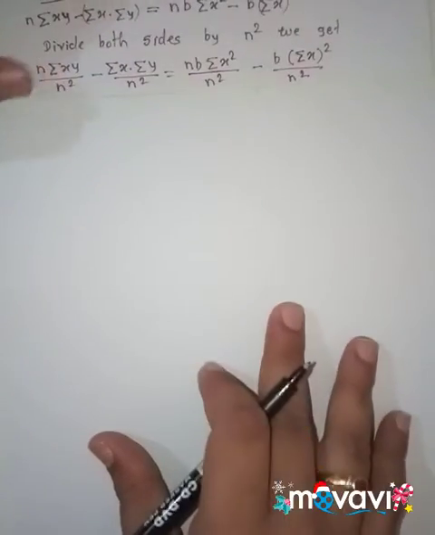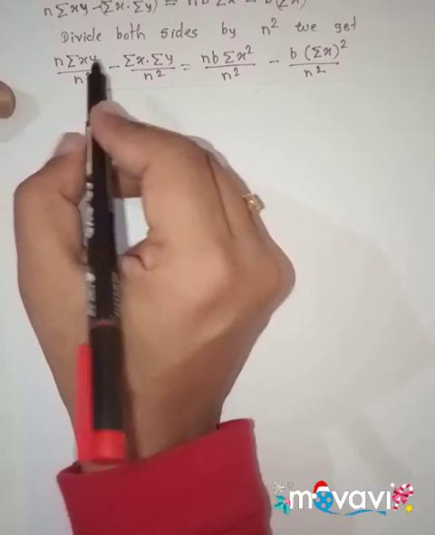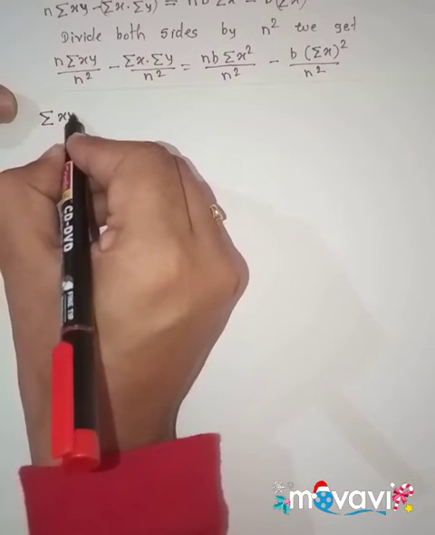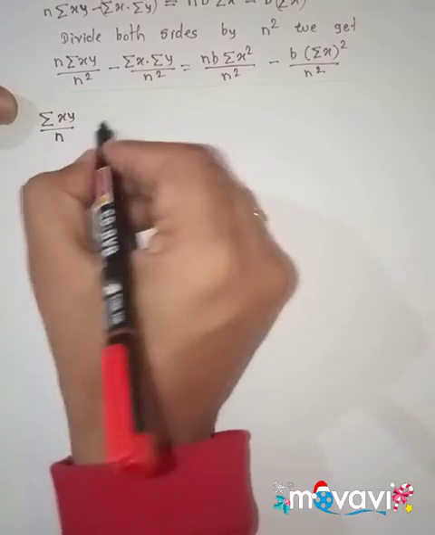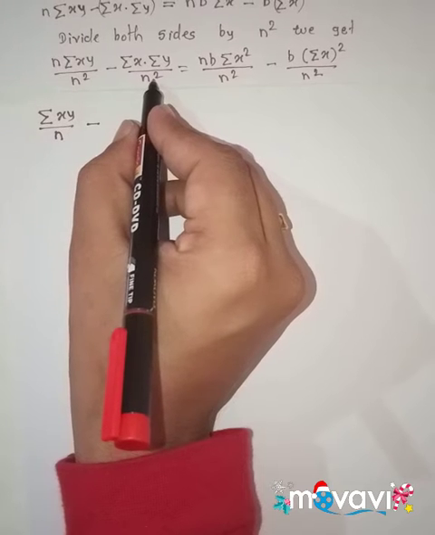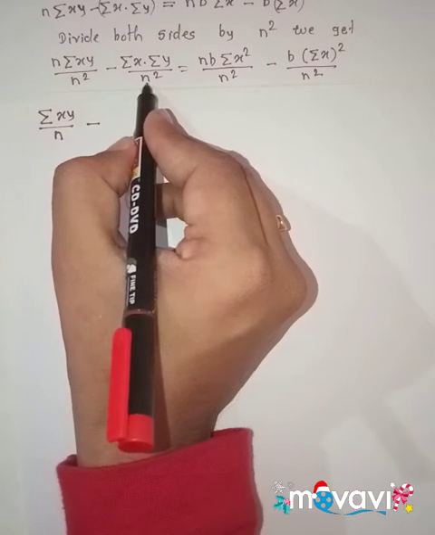So see here, this one n is cancelled with this n, and here the remaining term is summation xy upon n minus, here summation x upon this one n is x bar, then summation y upon the remaining n is y bar.